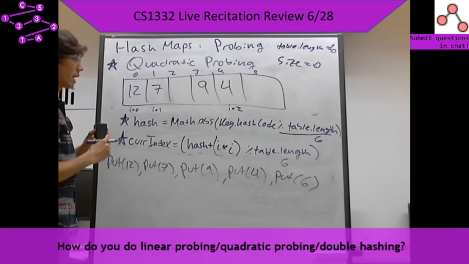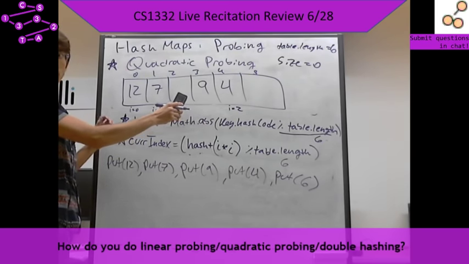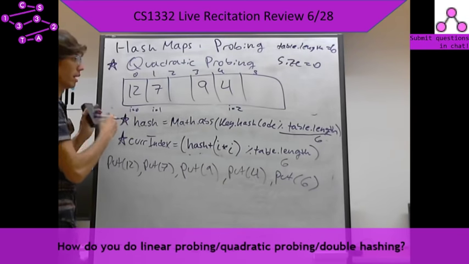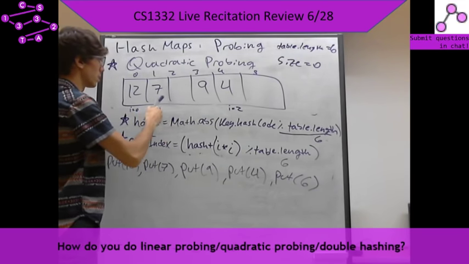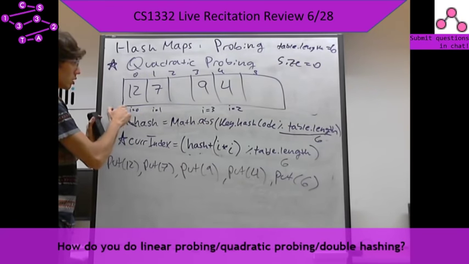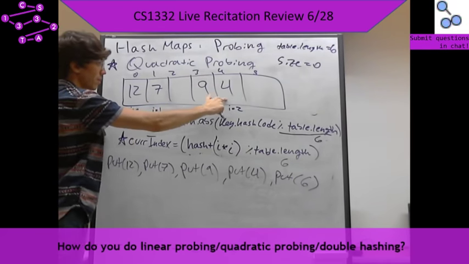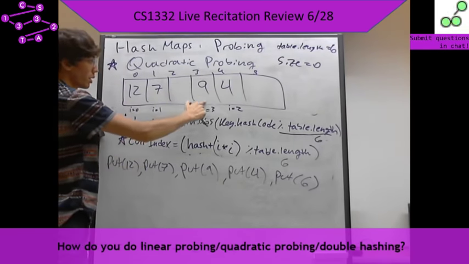Right? And then when we let i equal 3, that's going to wrap us all the way around to 9. Okay, so notice, our initial one, our first attempt to probe, our second attempt to probe, then wraps around to our third attempt to probe.